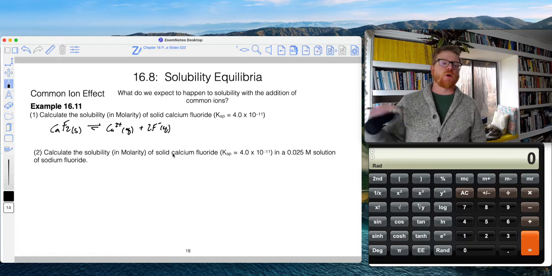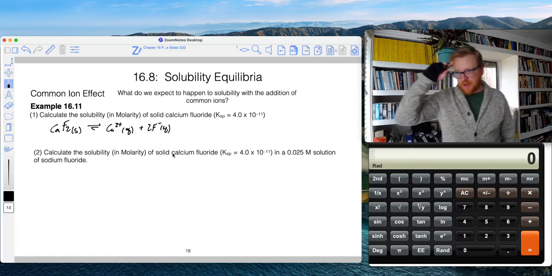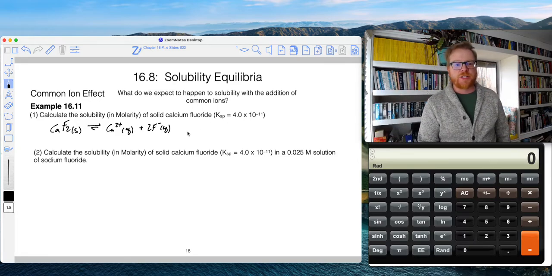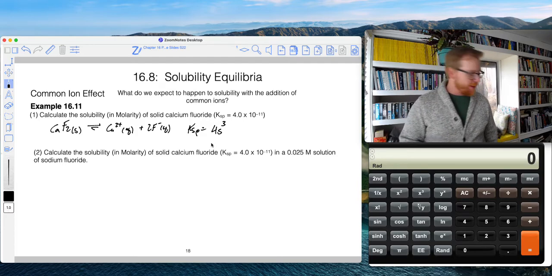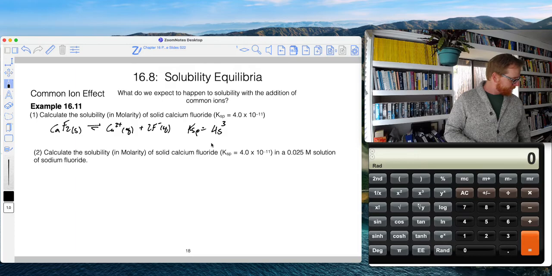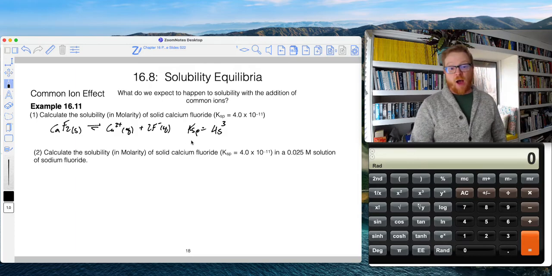Okay. And so right away, if we're good at those kinds of shortcuts, then we should recognize this is going to become a 4s all cubed, where s is my solubility that I'm interested in calculating. Okay. And so now, because I have KSP and I want to find s, I just rearrange algebraically.